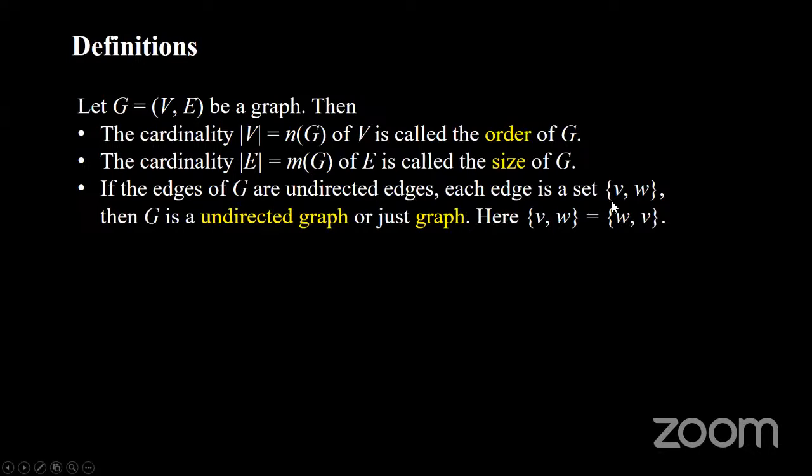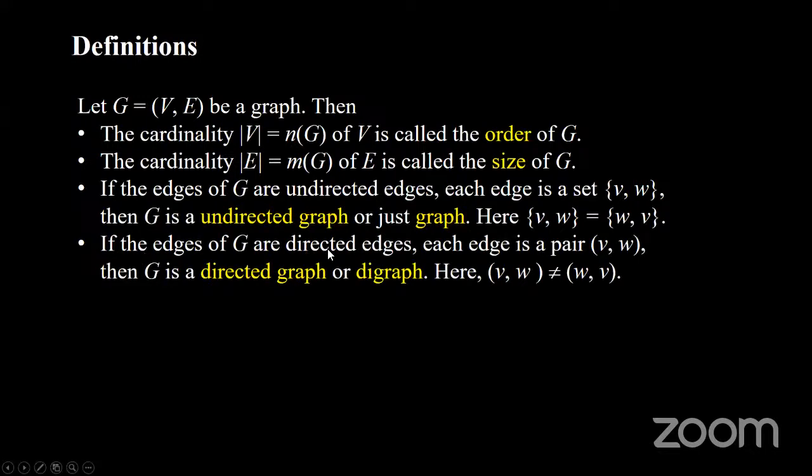Usually the edge is denoted by a set {v, w}. Because it is a set, {v, w} equals {w, v}. So that is the undirected graph.